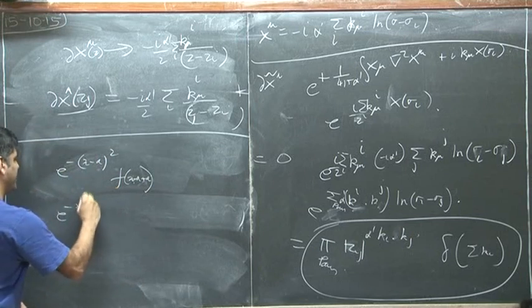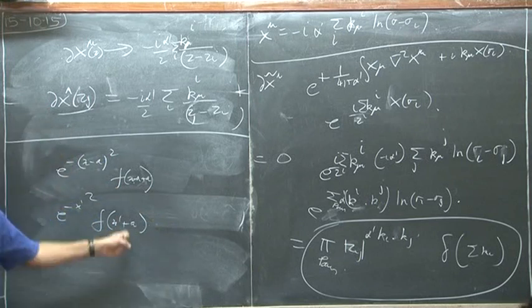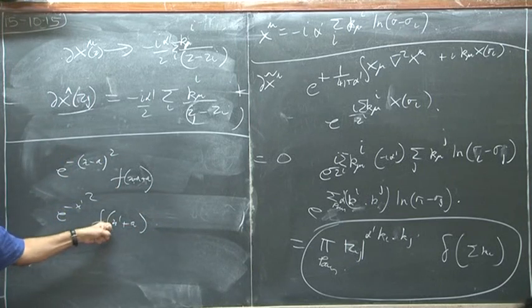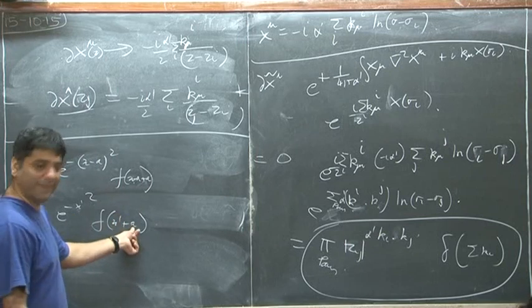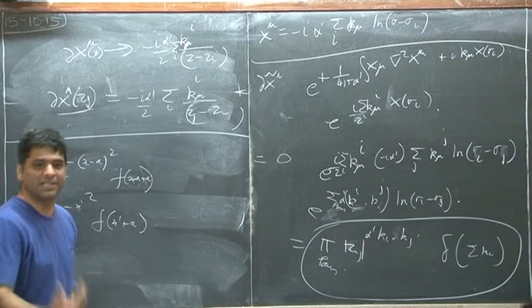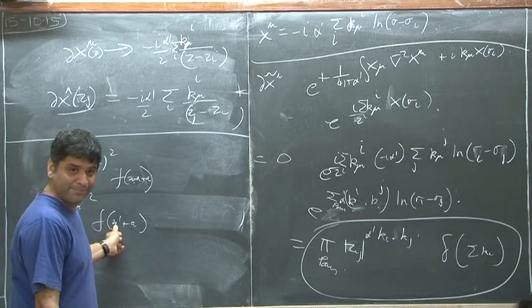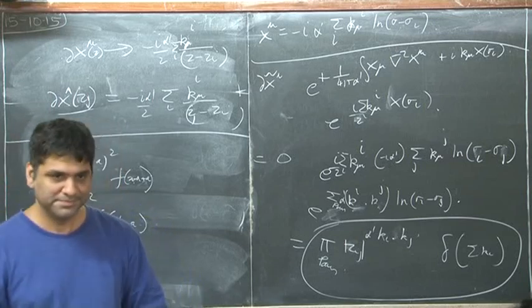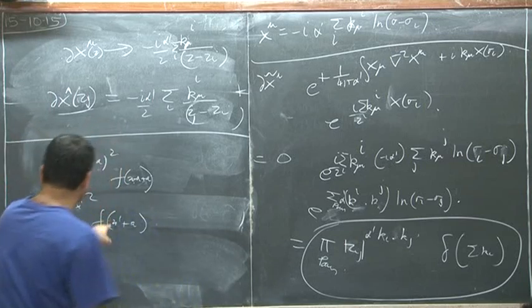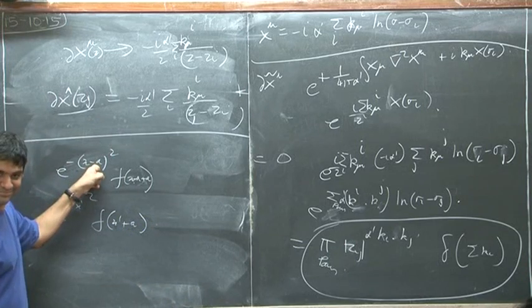So this is equal to minus x prime squared, f of x prime plus a. a is just whatever this object evaluates to on the solution, on the saddle point. x prime is something whose expectation values you still have to compute, but we have to compute it in the action without the shift.